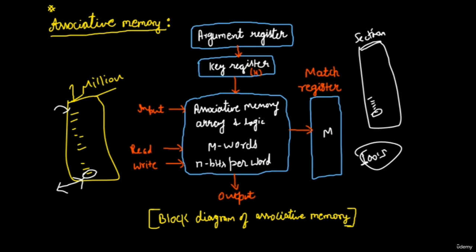So if you want to learn the associative memory, what you have to do is come to the advanced computer architecture section, then you will come to the associative memory section, and then you will actually find the associative memory. Actually, a step before is the memory address map.